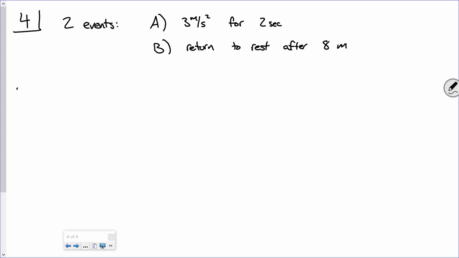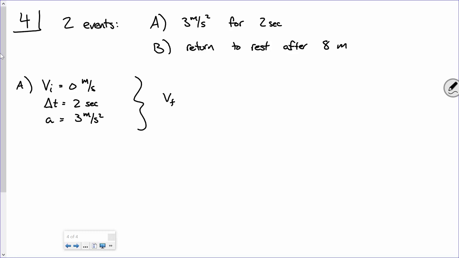So let's look at situation A. We've got an initial velocity of 0 meters per second, right? It starts out at rest. We have a change in time of 2 seconds, and we have an acceleration of 3 meters per second squared. Remember this?